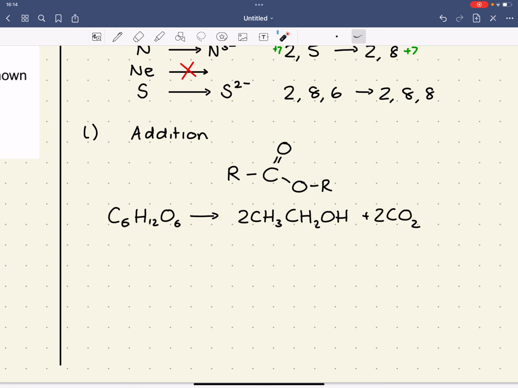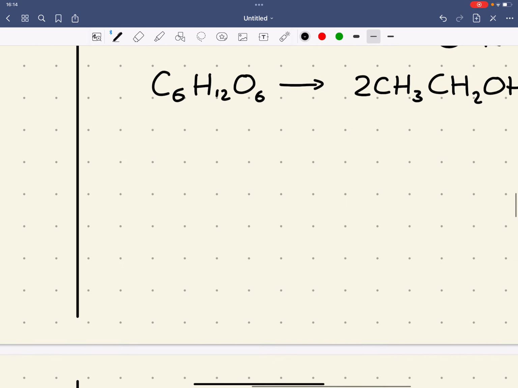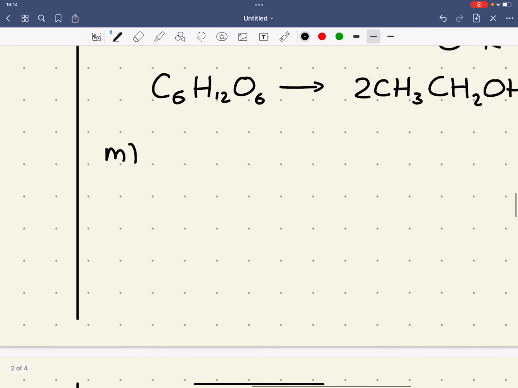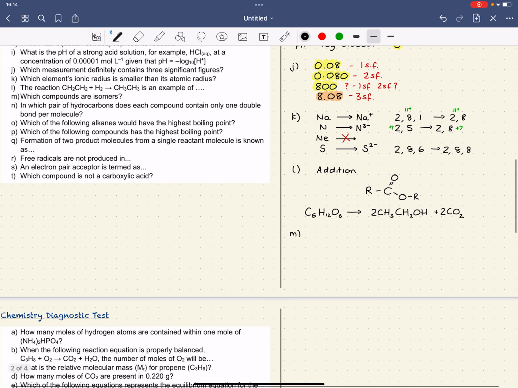So we're going to go on to M now, or question 13. It says, which compounds are isomers? We're given 4 options.